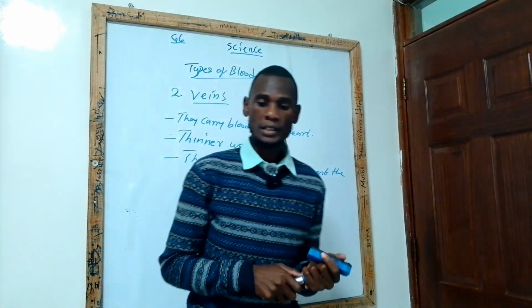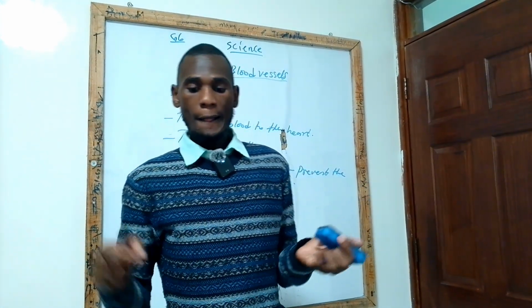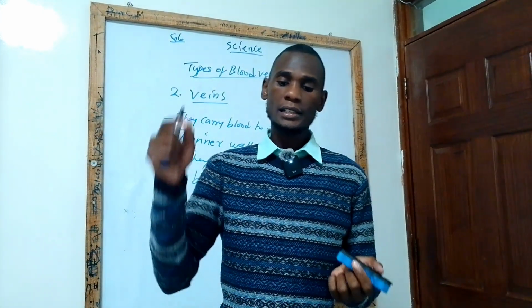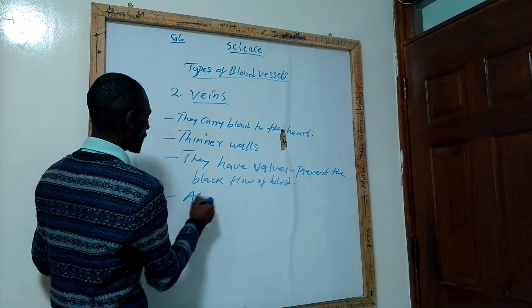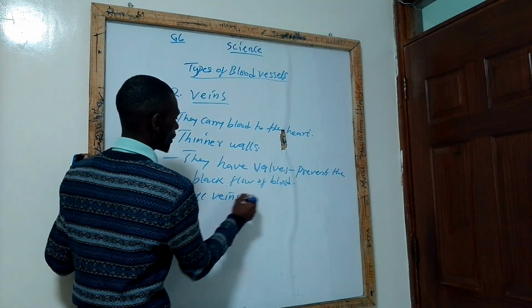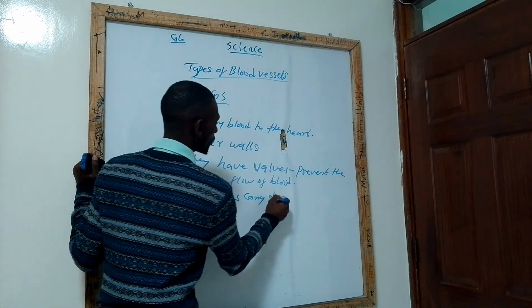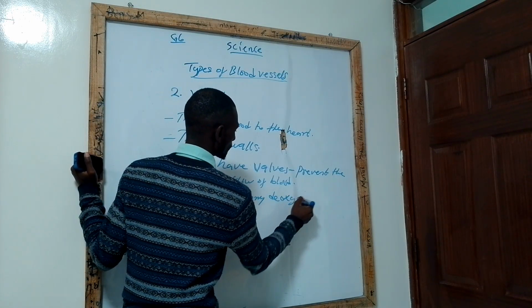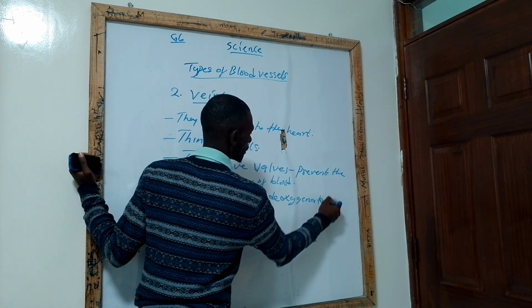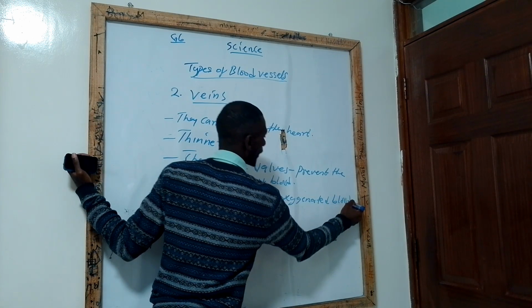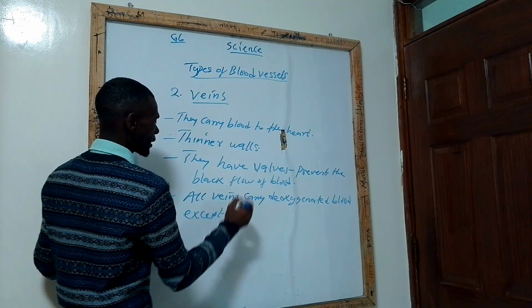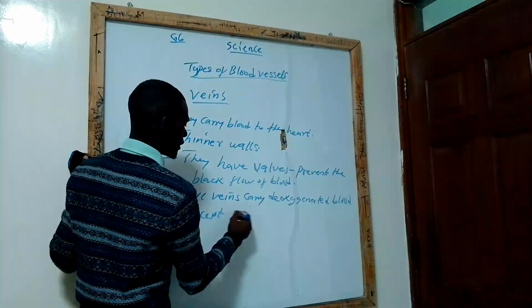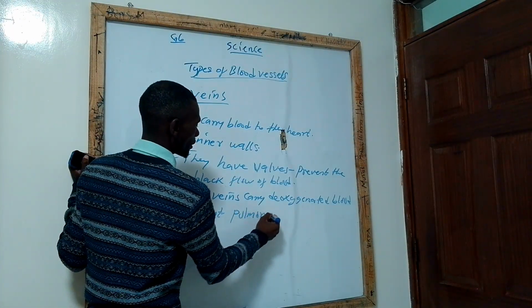Another characteristic of the veins is that all veins carry blood without oxygen. All veins carry deoxygenated blood, except the pulmonary vein.